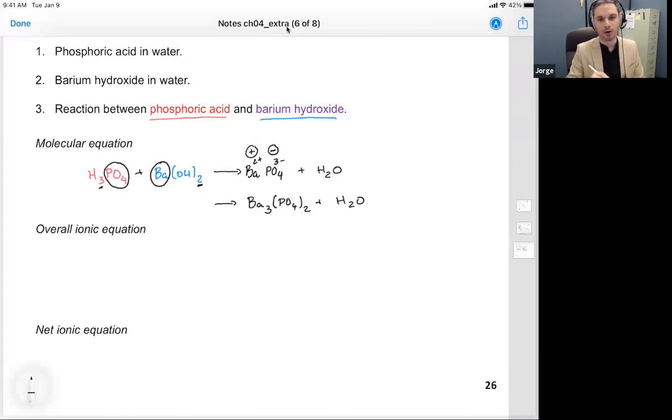Phosphates are always insoluble. The exceptions are when it's bonded to group 1 or ammonium, which is not the case here. Therefore, we know that this has to be a solid, okay?